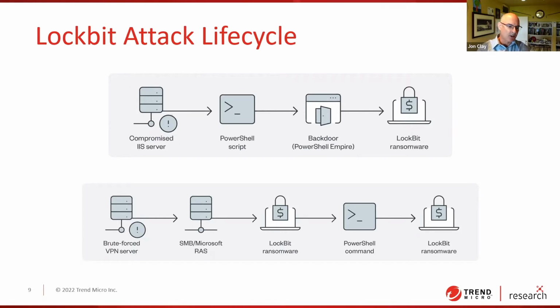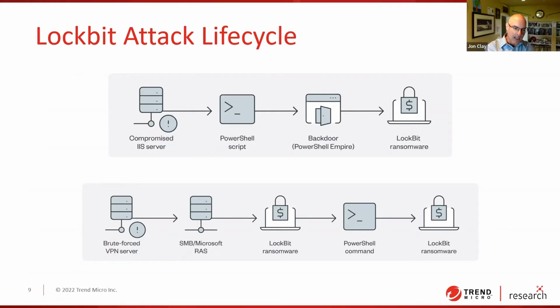But you can see here, there are two ways that they initially gain access and run their campaigns inside organizations. One is with a compromised IIS server that drops a PowerShell script to a backdoor that then drops the Lockbit ransomware. The other is brute forcing VPN servers and targeting SMB and Microsoft RAS servers.